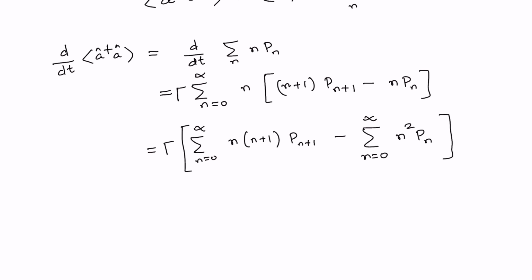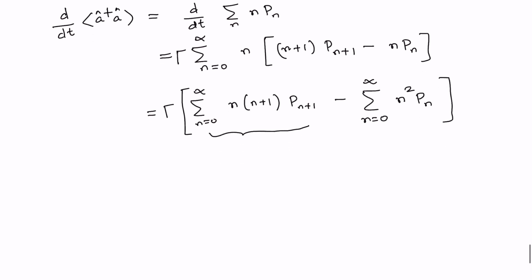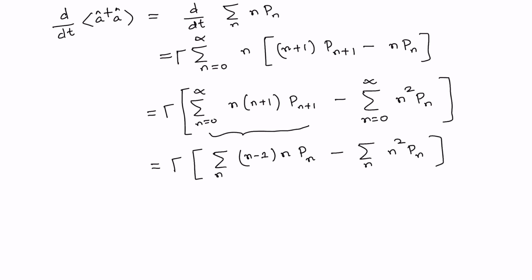Now this particular term, if you look carefully, I can rewrite in this way also, because in the sum, if I replace the first n by n minus 1, and the second one, n plus 1, I replace by n, then p_{n+1} would simply be p_n, and that is going to make my calculation quite easy, and this I can easily work out.